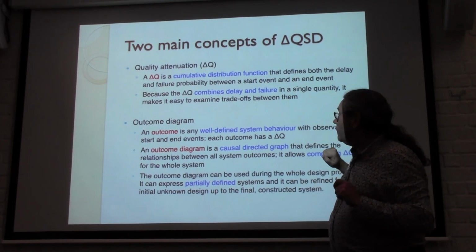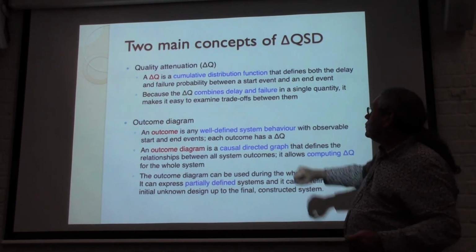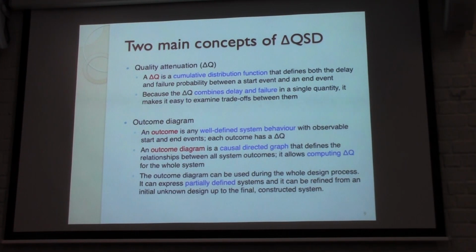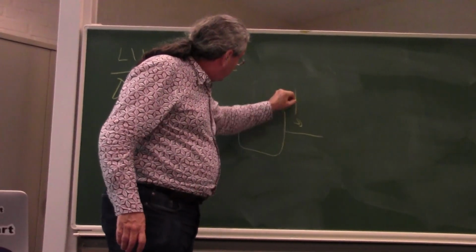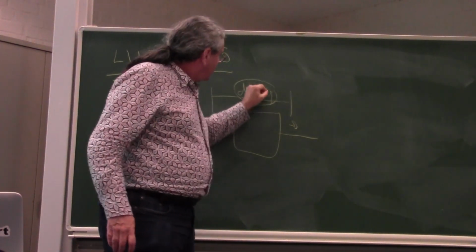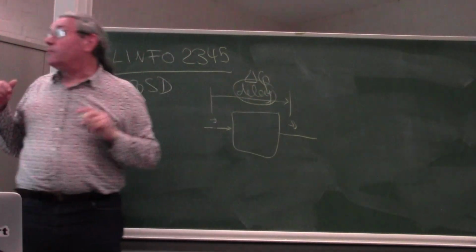So I'll explain that. And the second thing is the whole system. So quality attenuation is like one component. You have a component like a database, message going in, message coming out. And there's a delay here. So that's very easy, right? So this delay is modeled as delta Q. That's kind of easy.